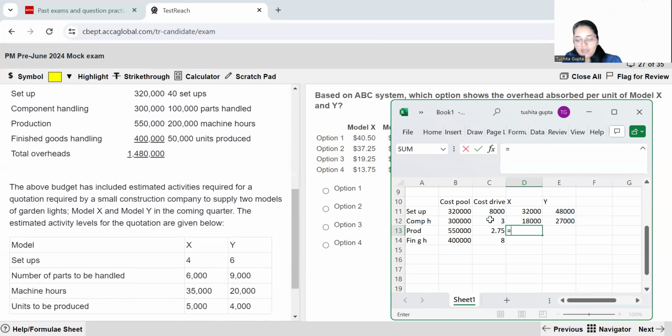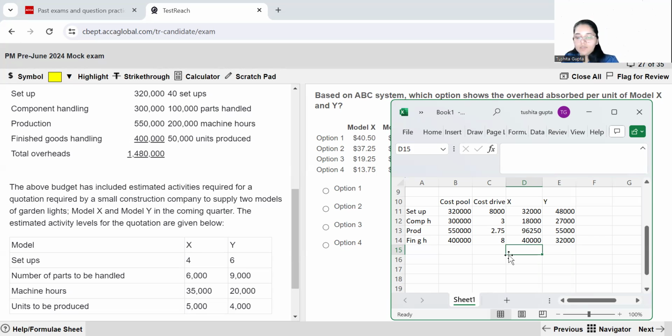For machine hours, it is 2.75 per hour and 35,000 is the number of hours that I'm using for X, and 2.75 multiplied by 20,000 for Y. Last but not the least, the finished goods handling depends upon the number of units. So 8 per unit is the cost multiplied by 5,000 over here, and 4,000 multiplied by 8 over here. With this, we have arrived at the cost which we have allocated between model X and Y.